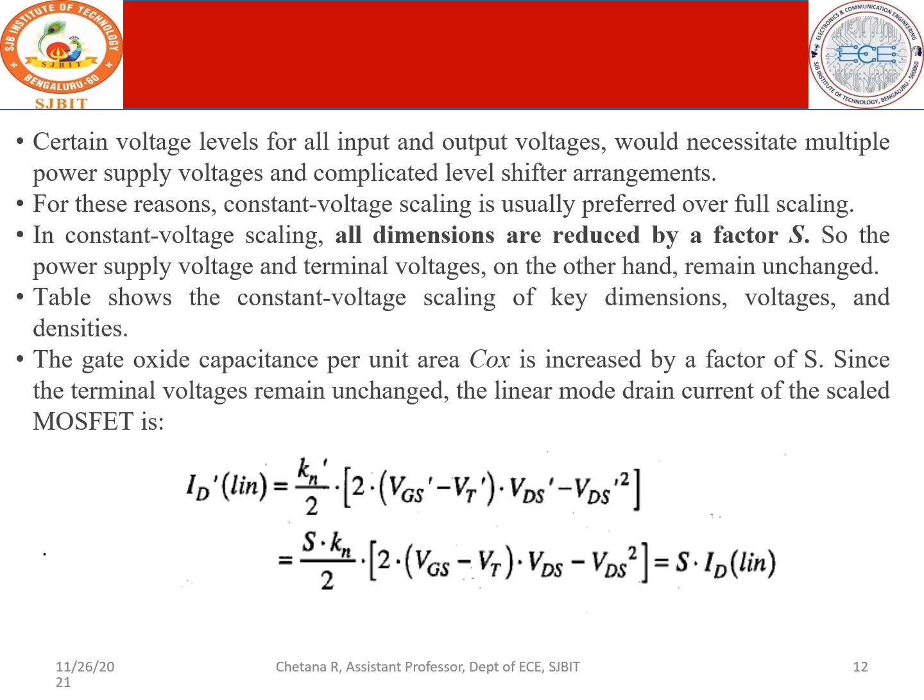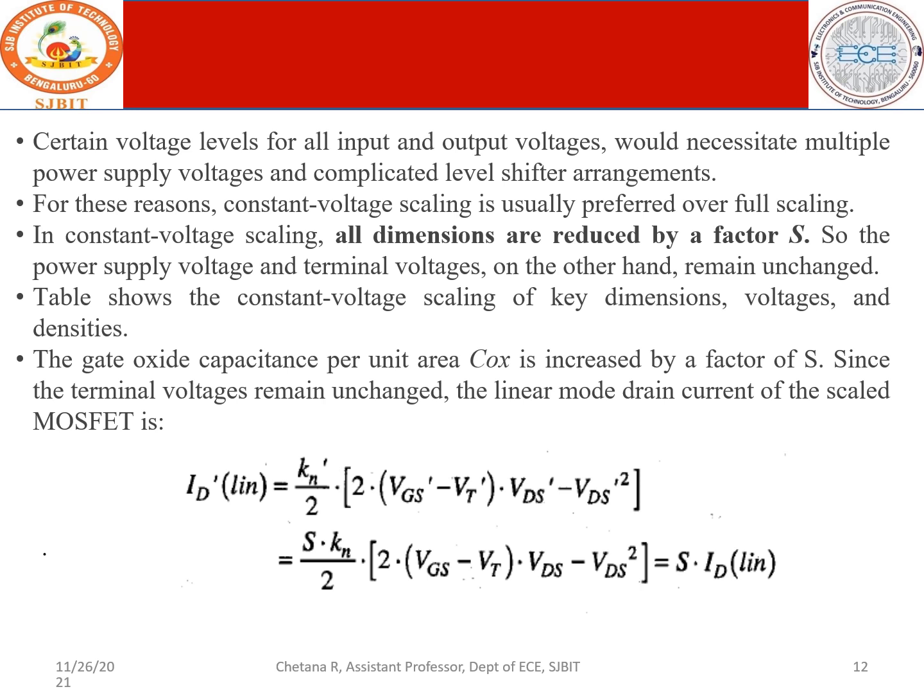So ID dash linear is given by Kn dash by 2 into 2 into VGS dash minus VT dash into VDS dash minus VDS dash whole square. So substitute Kn; we know it is S into Kn by 2, 2 into VGS minus VT into VDS minus VDS whole square, because it is remaining the same, no changes except for Kn dash.